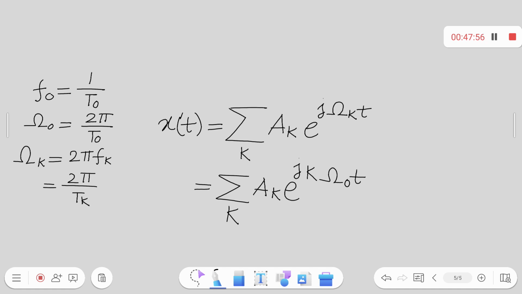What is the scenario for the discrete time case? This is the scenario for the continuous time. For the discrete time, it's pretty easy.